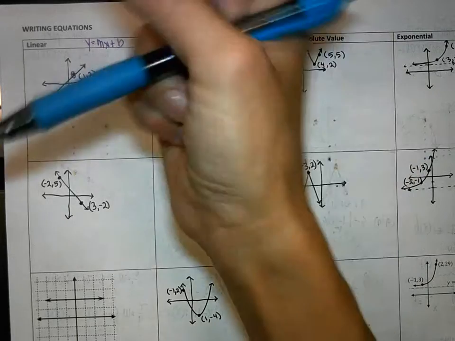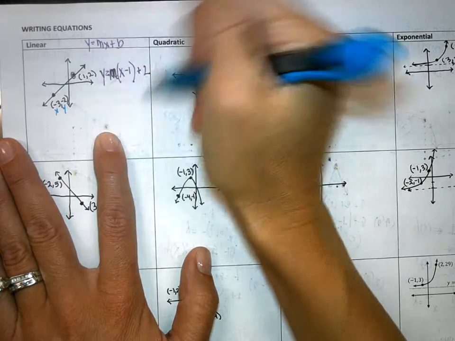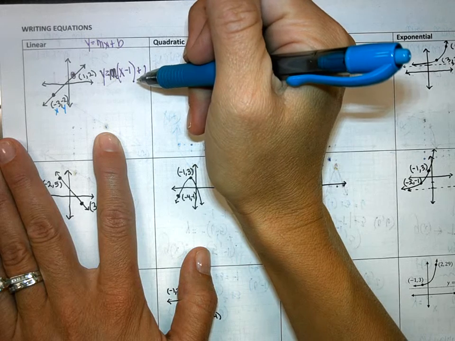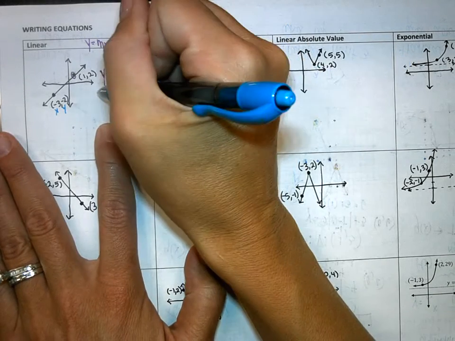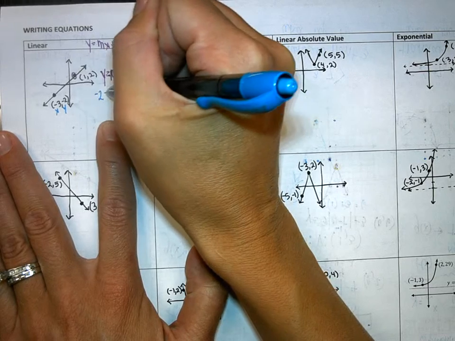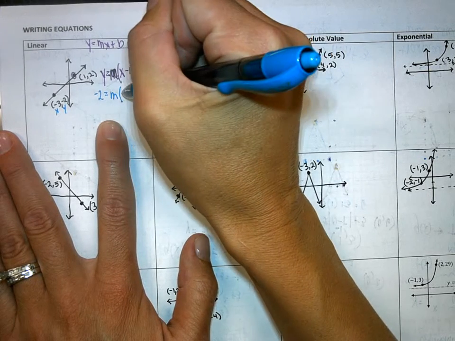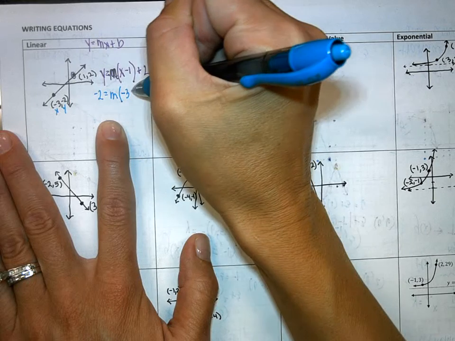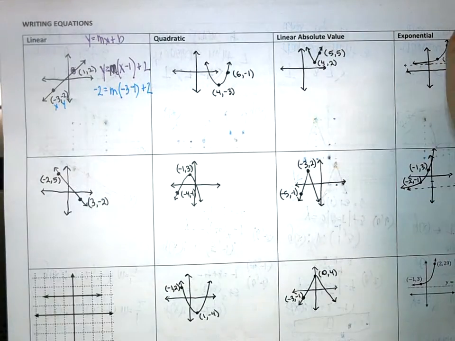So now we're going to choose this x and y value to plug into this equation in order to solve for m. Okay? So, we're going to write this as negative 2 equals m times negative 3 minus 1 plus 2.